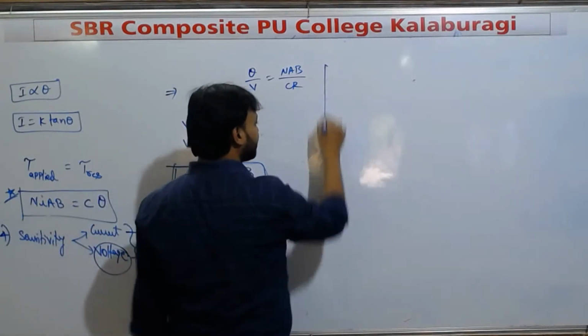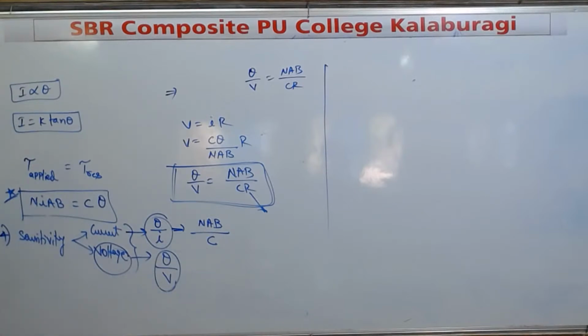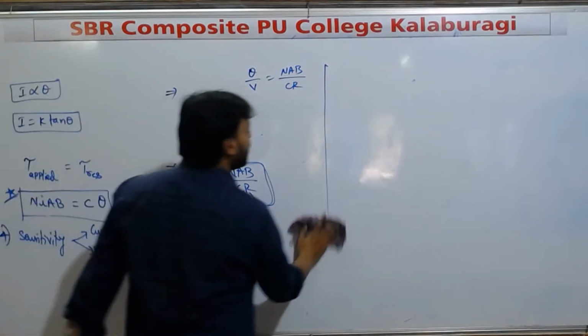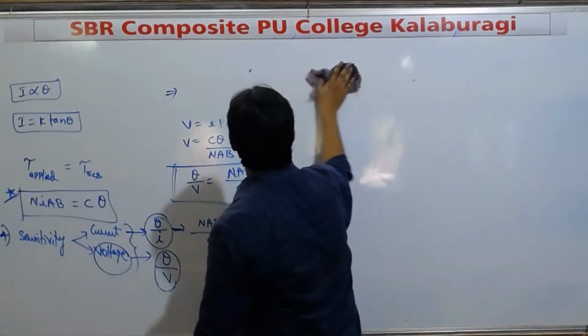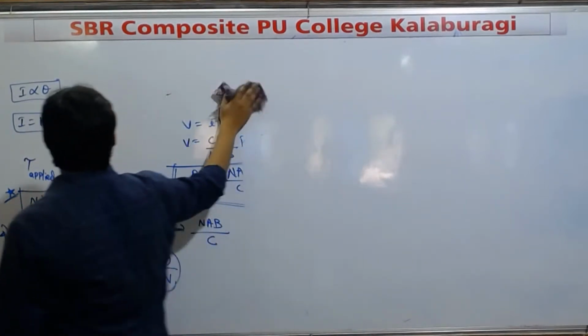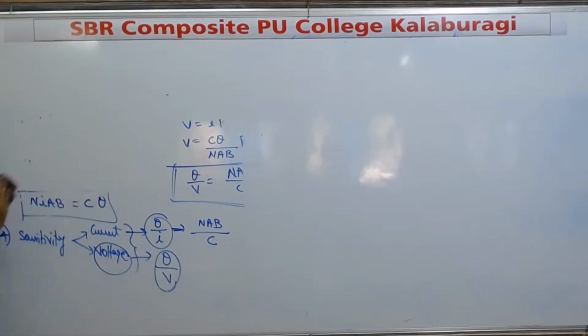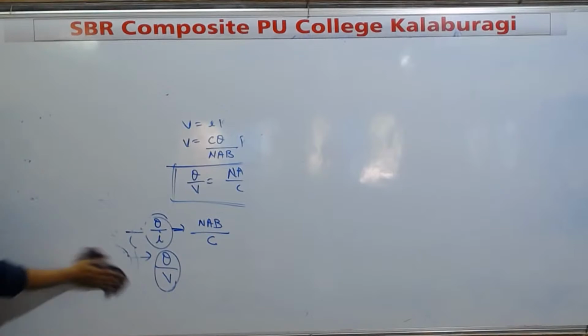Next, conversions. Very important. Try to remember these formulas. Next concept, last, after the moving coil galvanometer, is the conversion of the moving coil galvanometer into an ammeter as well as a voltmeter.